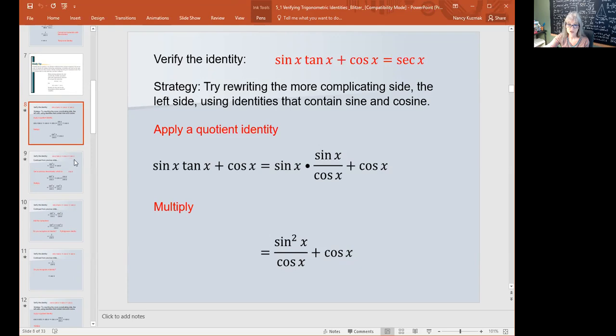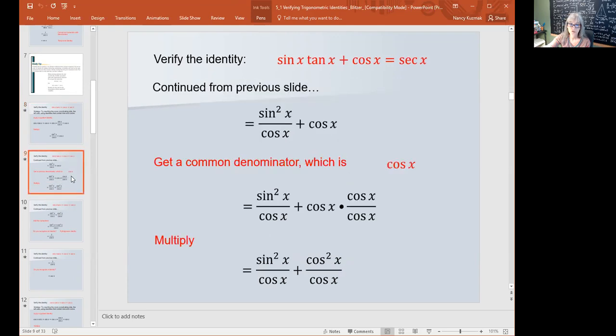Okay? So this is when your algebra has to be tip-top. If I make this cosine x, cosine squared x over cosine x, I'm just going to multiply. I'm going to make this a common denominator. And I have sine squared x plus cosine squared x all over cosine x. Now, what does that remind you of?